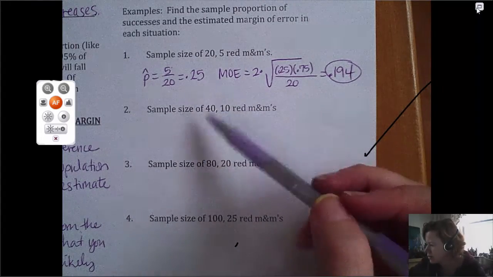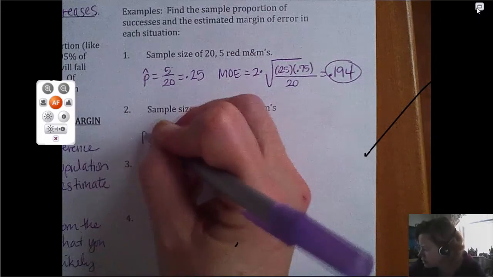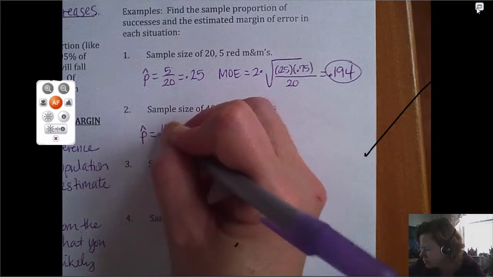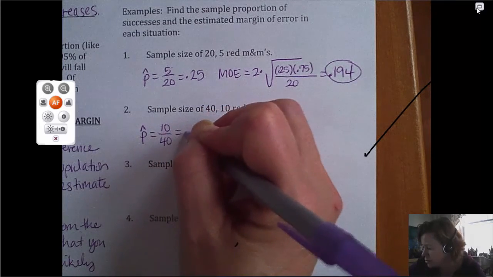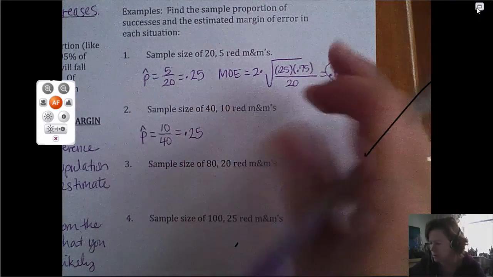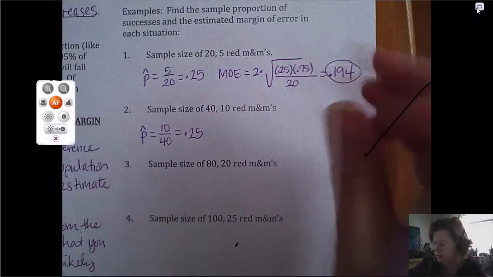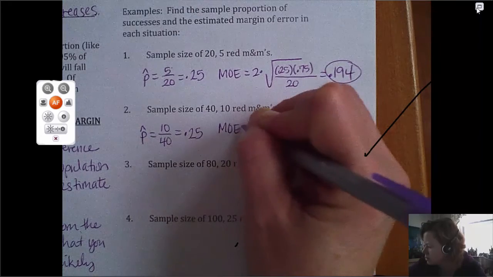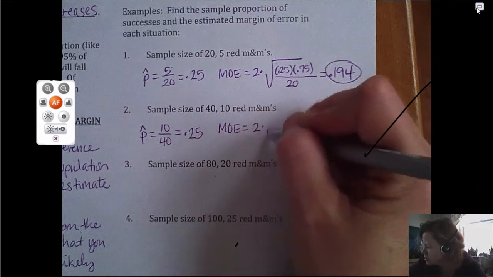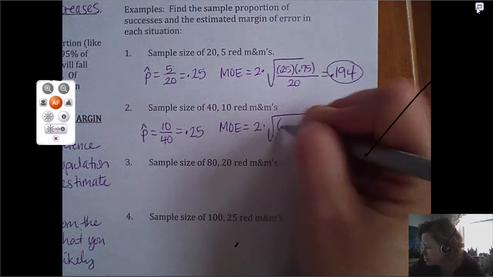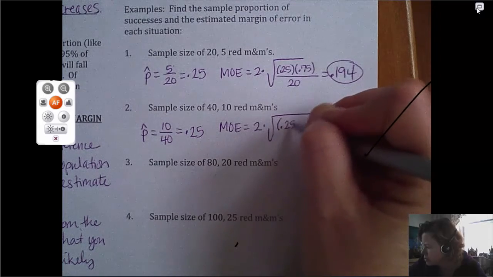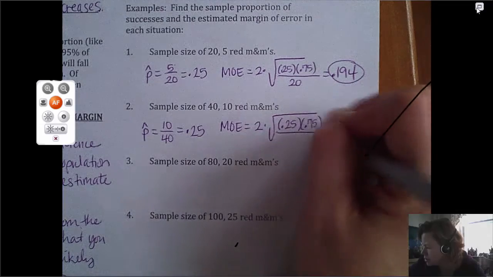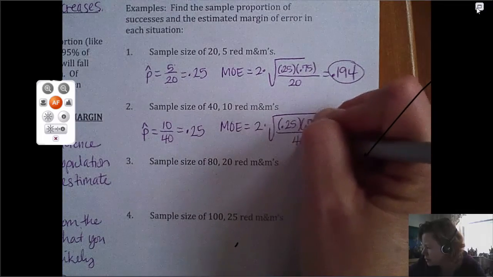The only difference in these formulas is to adjust our sample size. So here I have a sample size of 40, and I get 10 red M&Ms. Well, my proportion then is 10 out of 40, which is also 0.25. So my proportion stays the same even though I drew more M&Ms total. My margin of error now will be 2 times the square root of our proportion, 0.25, times 1 minus that, 0.75, over my sample size, which is now 40.